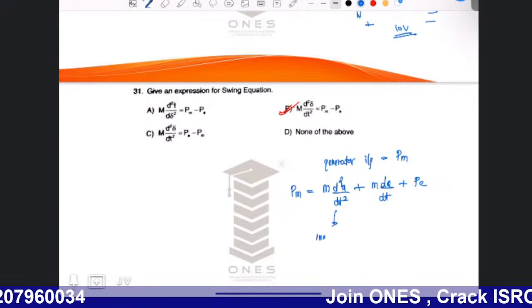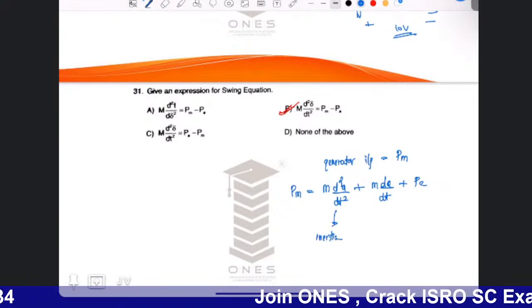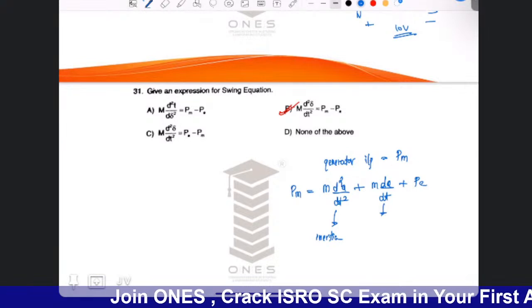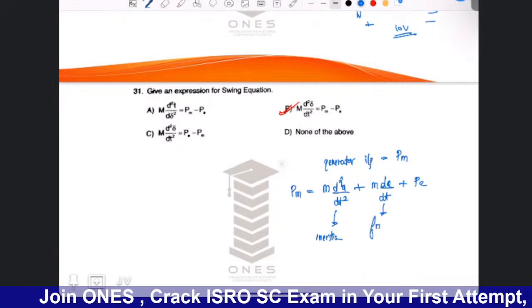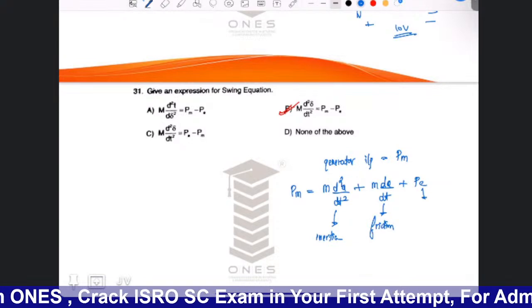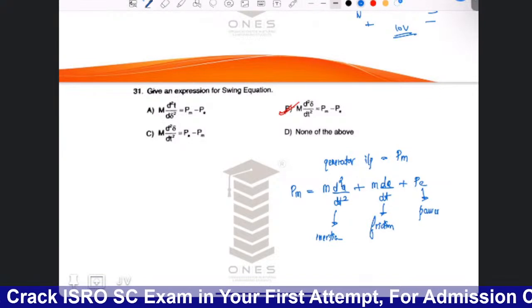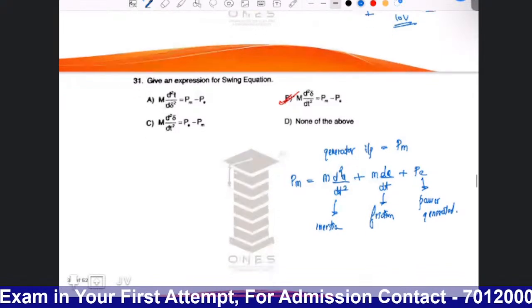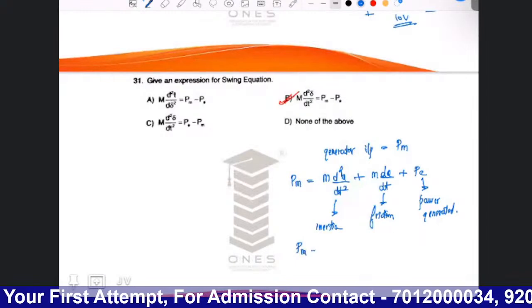ഇതെന്താണ്? It is due to inertia അല്ലെ? M d square theta by dt square. M d theta by dt is for friction, and ഇതാണ് എന്ത്? Power generated. That means electrical power generated. So if you assume friction as 0, അപ്പോൾ Pm എന്തായി മാറും?